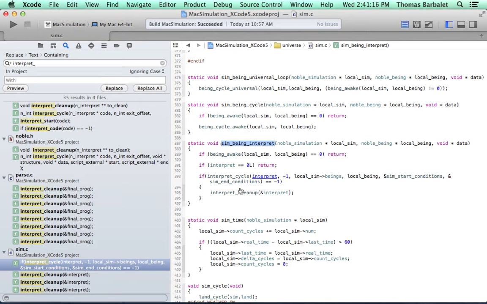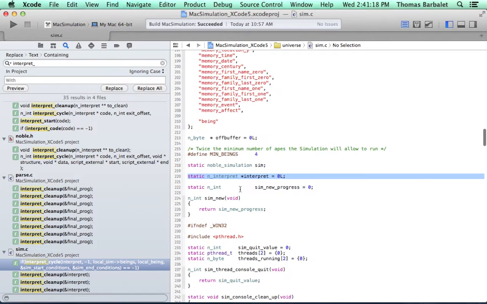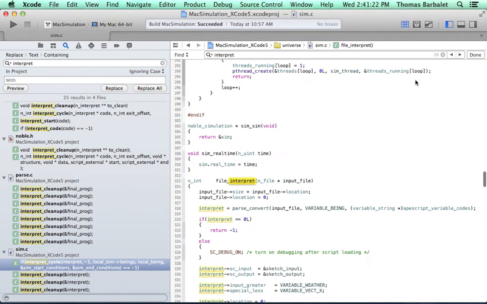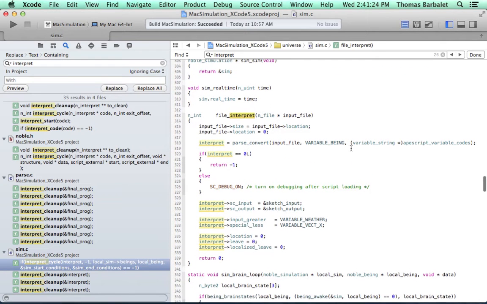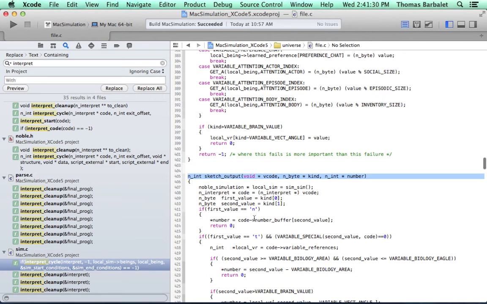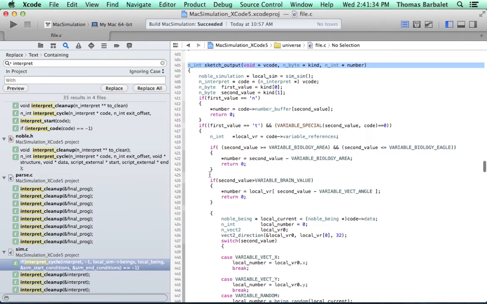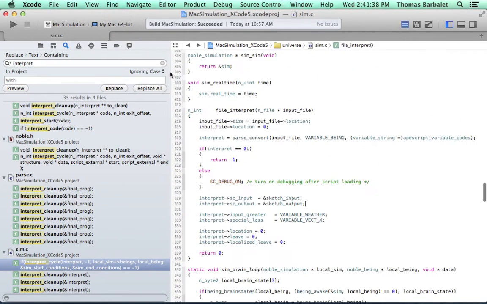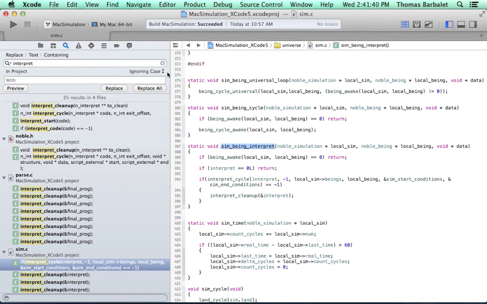It's where interpret is set up that's important here. Here we go. Here, sketch output and sketch input are used as the inputs and outputs surrounding the ApeScript. So that's one of the locations where the operator is called.